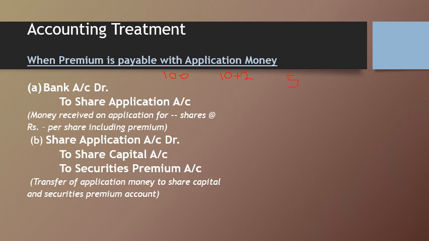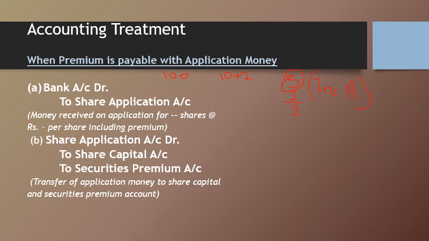So it is also said that the application money includes premium. If the application money includes premium, the premium amount is 2. So the actual application amount is 3, but including premium, the shareholders have to pay rupees 5 on its application.